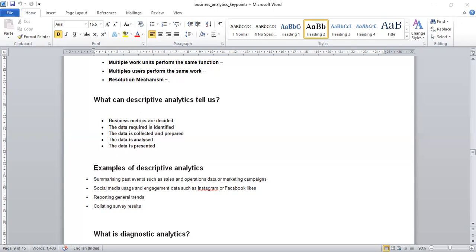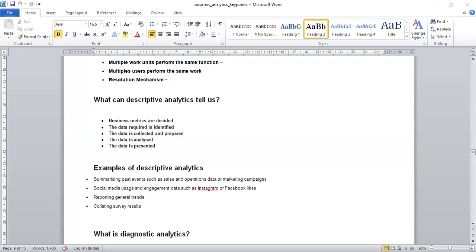But here, whatever data you are given, you have to draw some sort of chart or calculation, a tabular format, or a pie chart or bar chart, whatever you want to do.